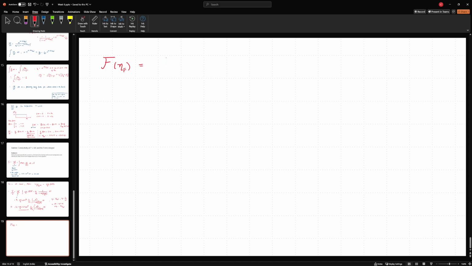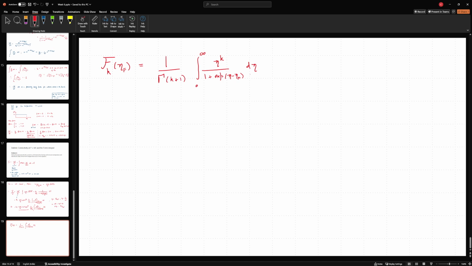It is given by F k of eta is 1 over gamma of k plus 1 times the integral from 0 to infinity of eta to the power k divided by 1 plus exponential eta minus eta F d eta.